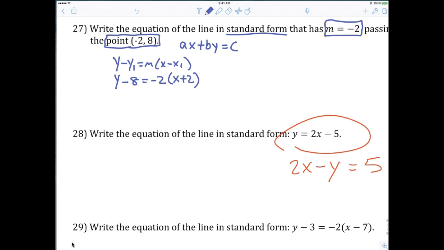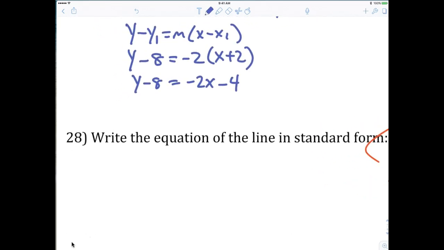All right. Now, it's not in the right format. So here we go. y minus 8 equals negative 2x minus 4. Is everybody good with that? Now, x and y have to be on the same side.